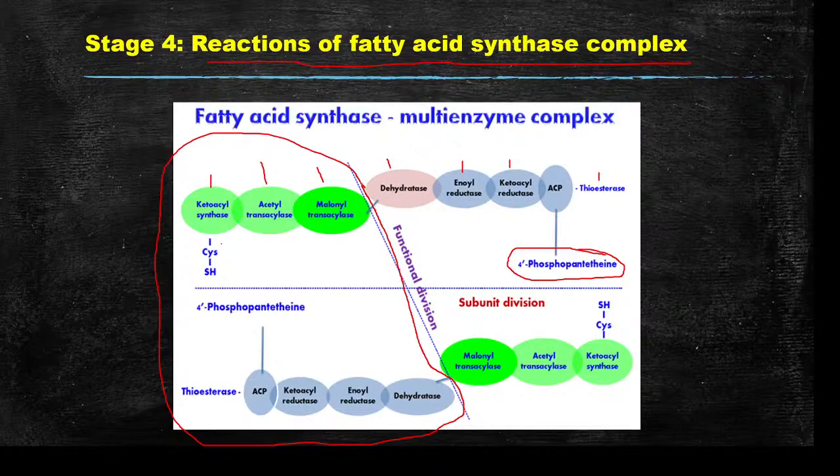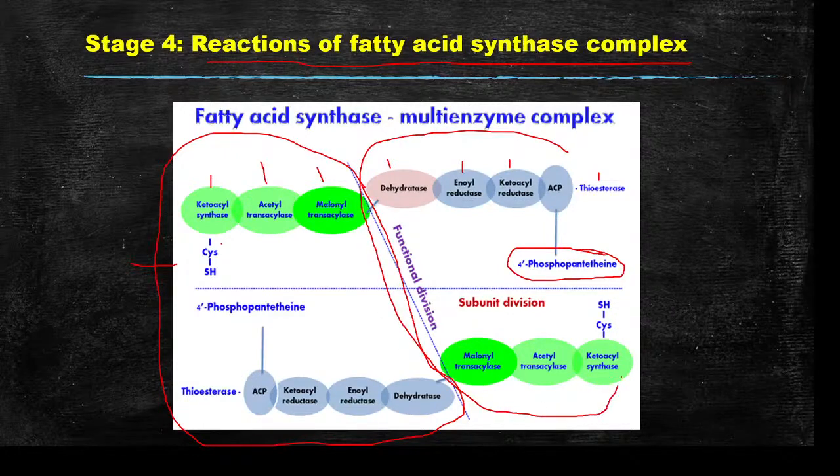Combining this will form seven enzyme units. So this is considered to be a functional unit: this half part of the dimer will synthesize one molecule of fatty acid and the other half will catalyze the synthesis of another molecule of fatty acid.